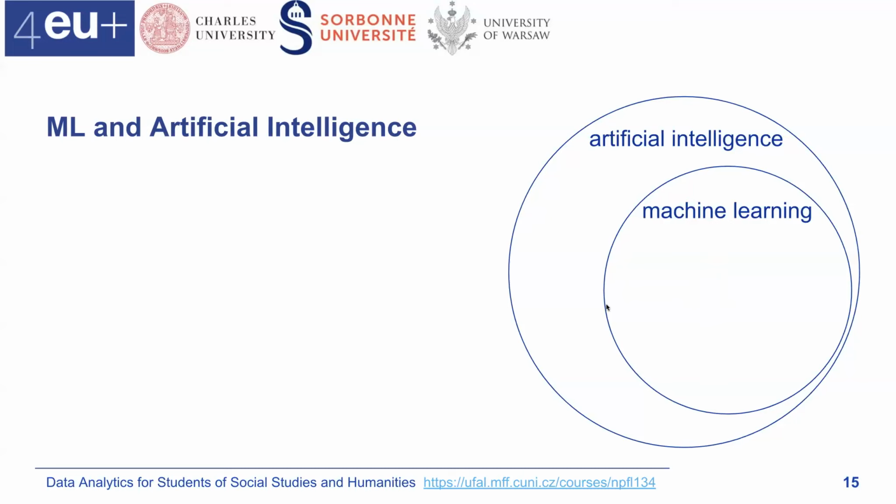Artificial intelligence focuses on developing systems that can exhibit human-like intelligence, including tasks that require perception, understanding, reasoning, and creativity.